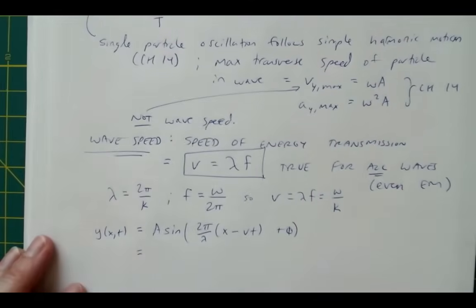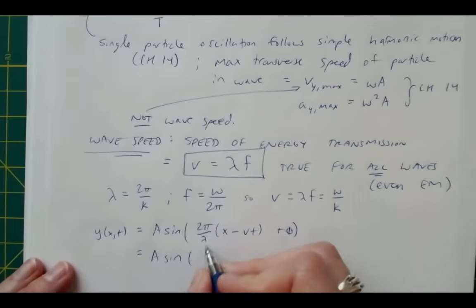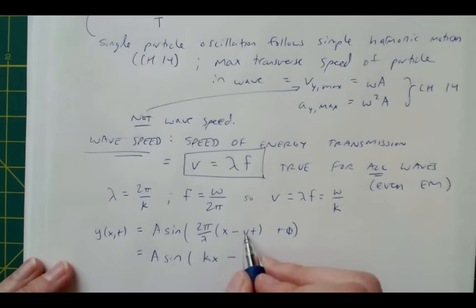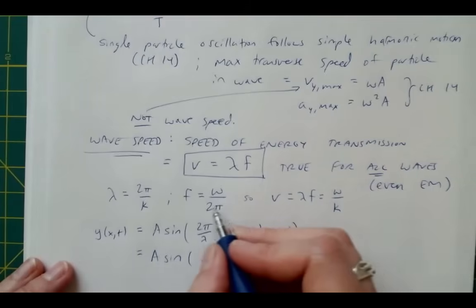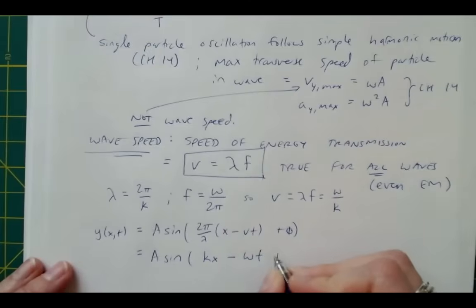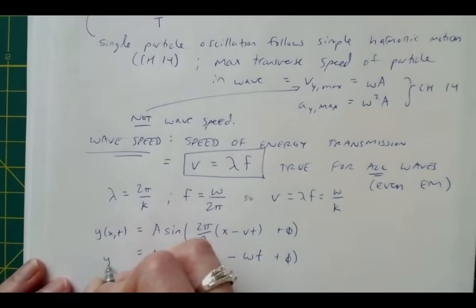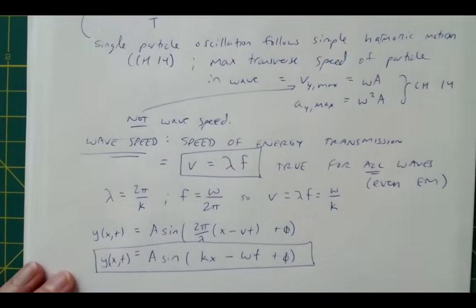And so then that's going to be equal to A times the sine, and this is just k, so kx, and then minus 2 pi times v divided by lambda. V is lambda f, so this becomes 2 pi f, and 2 pi f is simply omega, so that's minus omega t, and then plus phi. So a slightly simpler way of writing the general form for this traveling wave to the right in terms of the wave number and the angular frequency.